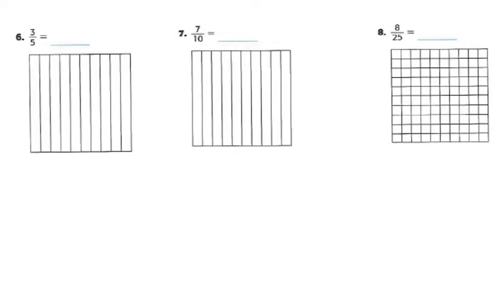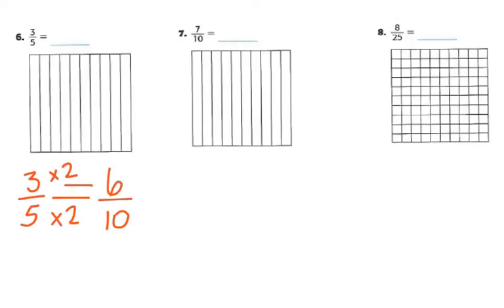Alrighty. Hopefully, we looked at 3/5 and we realized that we needed to get that to have a denominator of 10. So we simply could have multiplied by 2 over 2, which would have been 6/10, and you would have shaded in 6 of these bars, leaving just 4 unshaded.